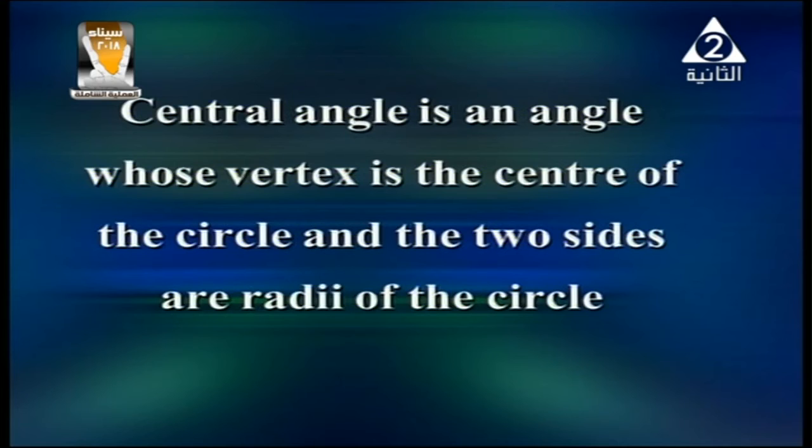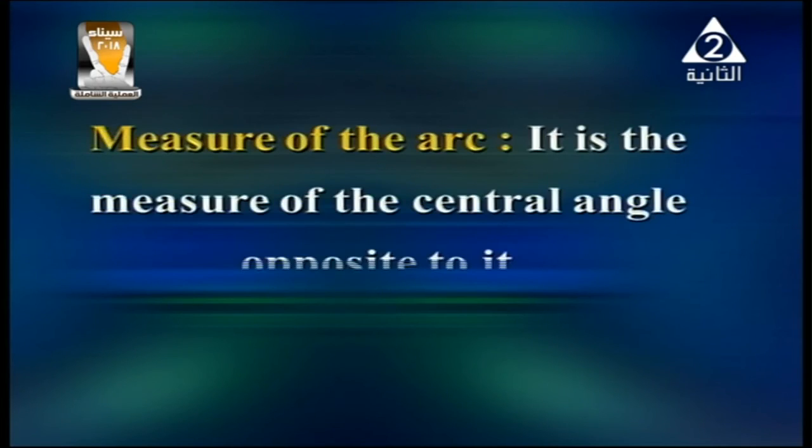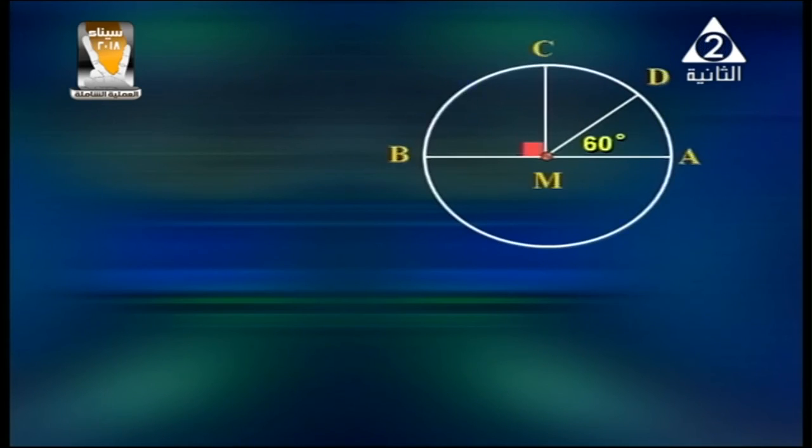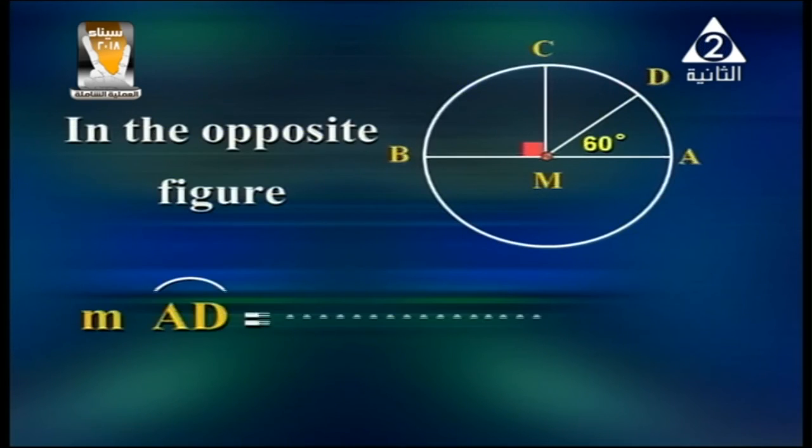Then what about the measure of the arc? The measure of the arc is the measure of the central angle opposite to it. So to measure the arc, you can measure the central angle subtending it. Then let us have an example. In the figure opposite, you are going to notice that measure AD arc equals the measure of the central angle subtending it.